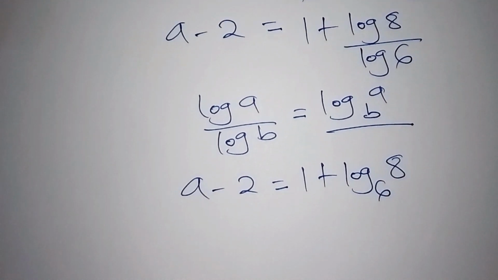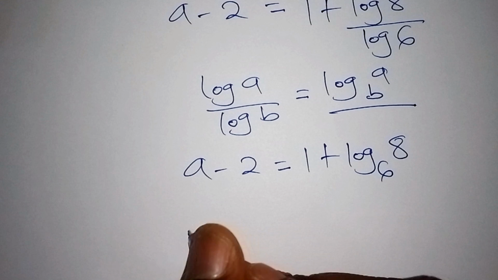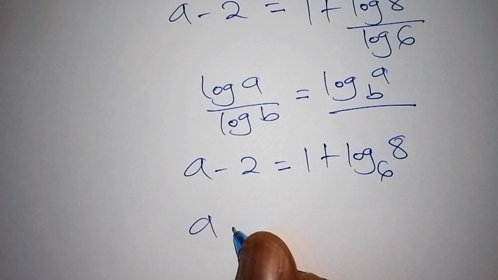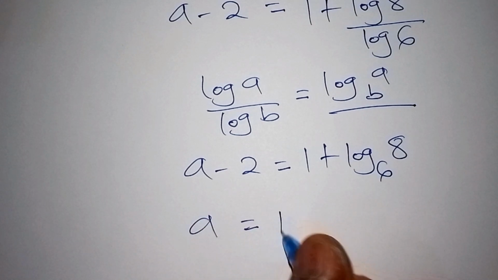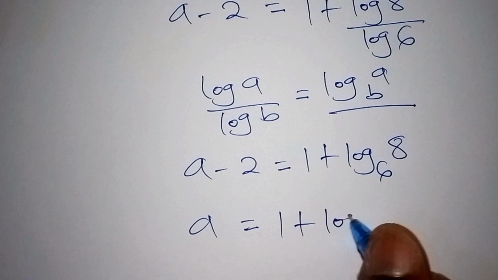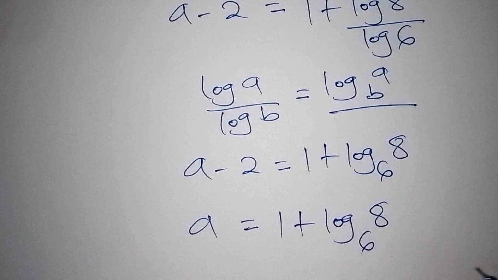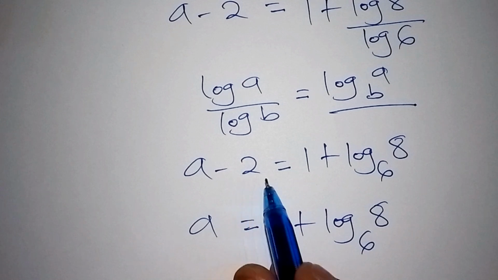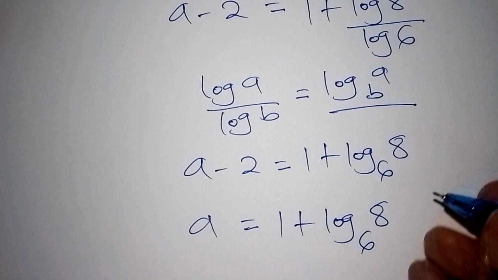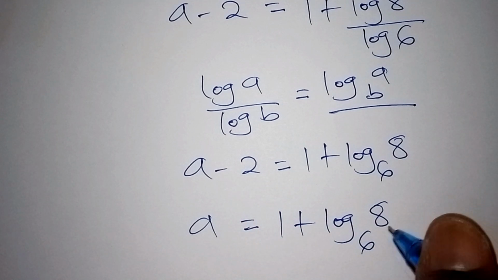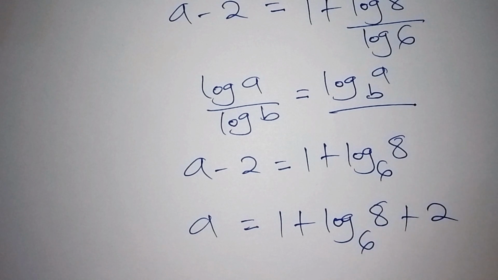From here, a is equal to 1 plus the log of 8 to the base of 6. Because this was minus 2, when you move it across it becomes plus 2.